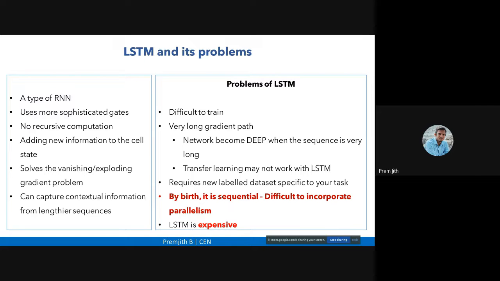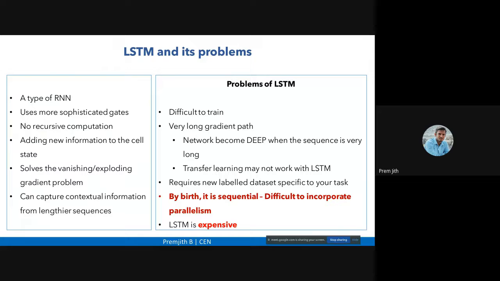In a text, all the words are connected and all the characters are connected. If you arrange the characters in a proper order, then only you get a meaningful word. Similarly, if you arrange the words in a proper order, then only you get a meaningful sentence. So you have to consider the connections between the characters or the words.